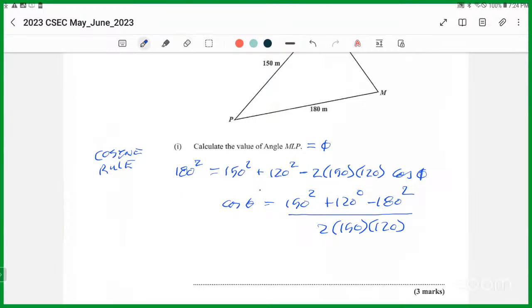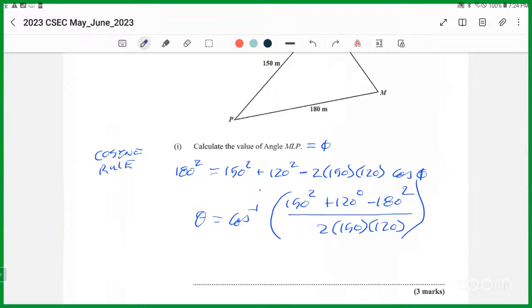And then you take the cos to the minus one of this, with theta as the subject. So cos theta equals this. We're going to find theta with the inverse cos on this expression. Cos to the minus one of all of that.